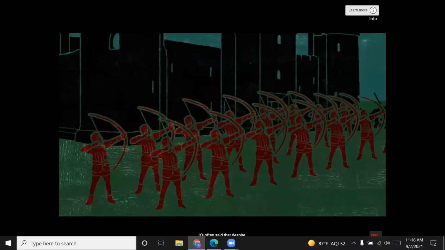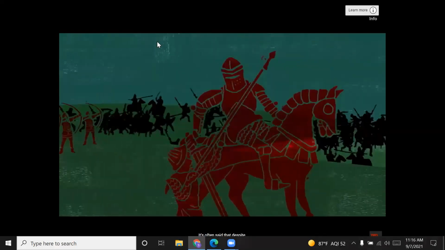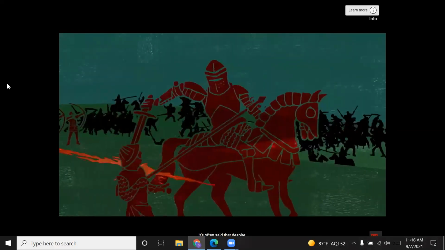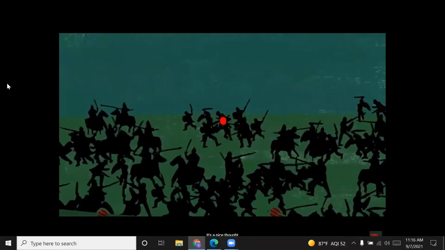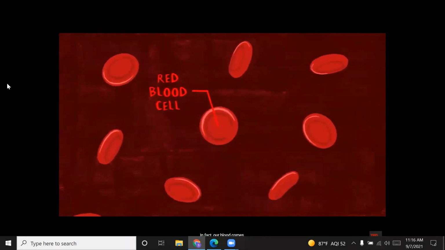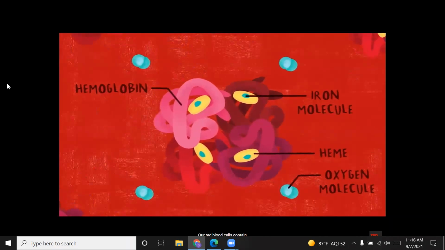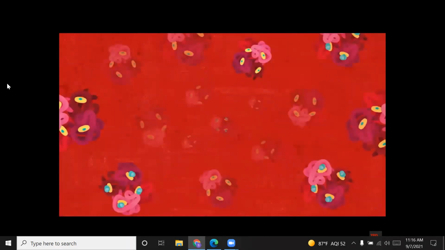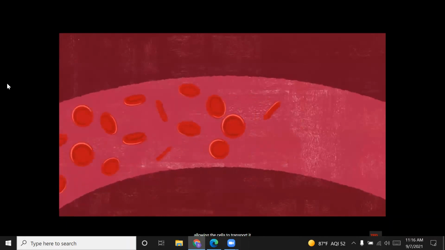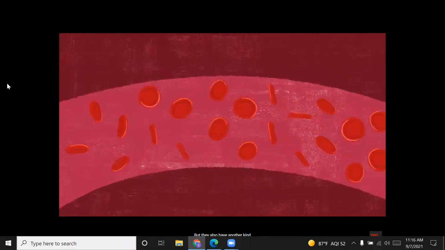It's often said that amid humanity's many conflicts, we all bleed the same blood. It's a nice thought, but not quite accurate. In fact, our blood comes in a few different varieties. Our red blood cells contain a protein called hemoglobin that binds to oxygen, allowing the cells to transport it throughout the body. But they also have another kind of complex protein on the outside of the cell membrane.